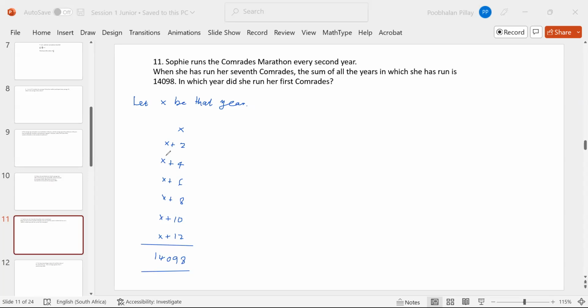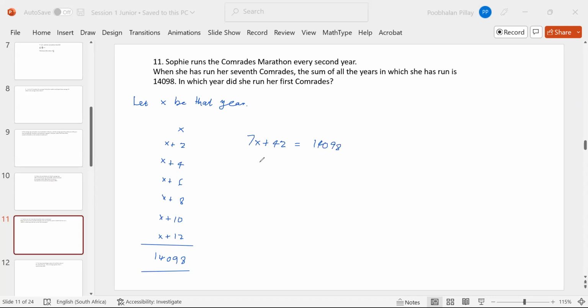You've got 7 x's, and you're adding all these numbers, 42. So when you add these 7 numbers, you get 7x plus 42, and that is equal to 14,098.